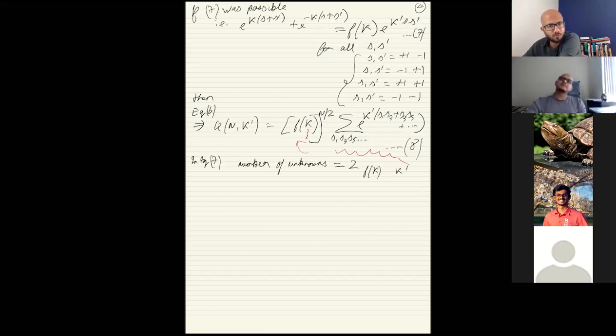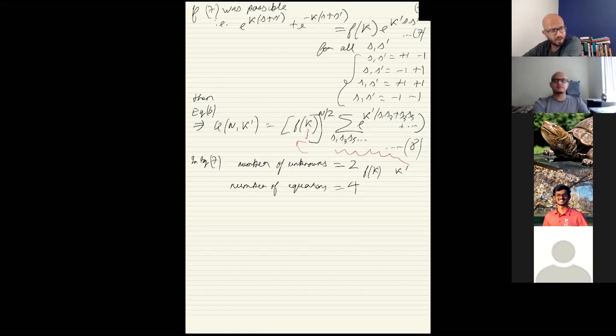We want to solve for f of k and k prime. And the number of equations is 4, given the various possible values of s and s prime. Can we solve for 2 variables in 4 equations? Looks like we will be in trouble, right?